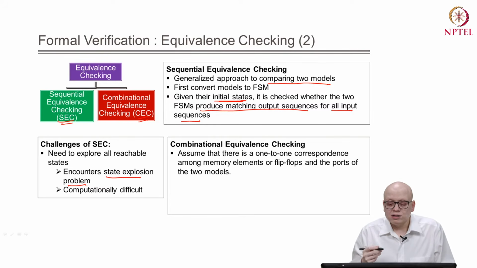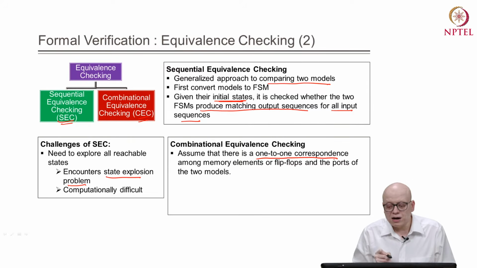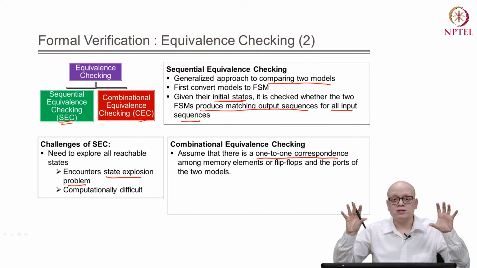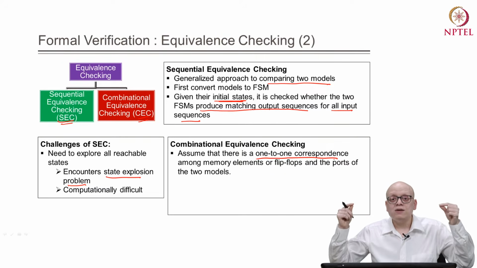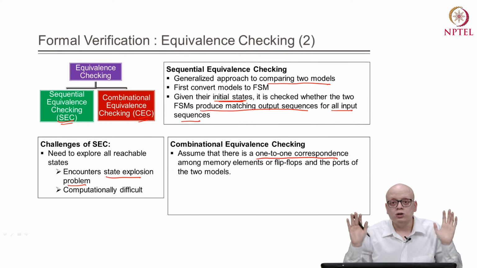The assumption is that there is a one-to-one correspondence among the memory elements or flip flops and the ports of the two models. So, if we have two models, then for each flip flop or memory element there is a one-to-one correspondence, and also there is a correspondence between the input and output ports.